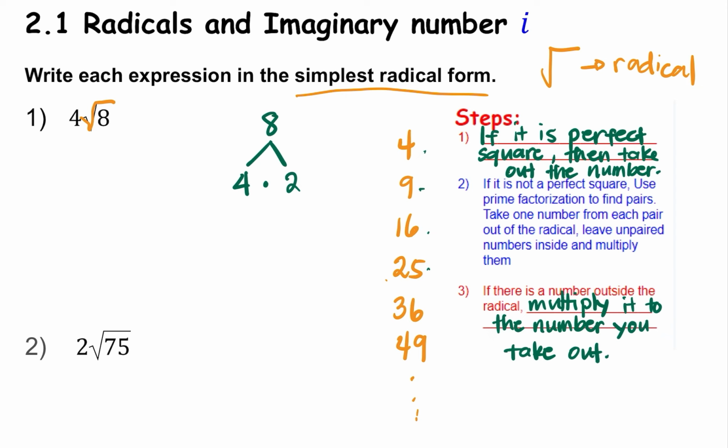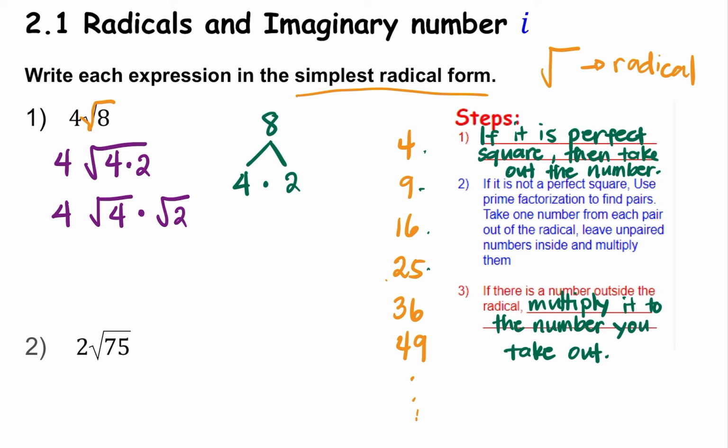So we can rewrite the given: we drop the 4. Instead of writing 8, we are going to write 4 times 2. And 4 times 2 is just 8. Now, we're going to rewrite the answer that we have and split. So, square root of 4 times square root of 2. We're just splitting the numbers that are inside the radical.